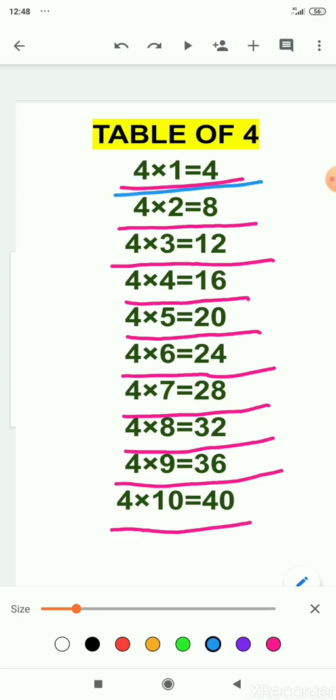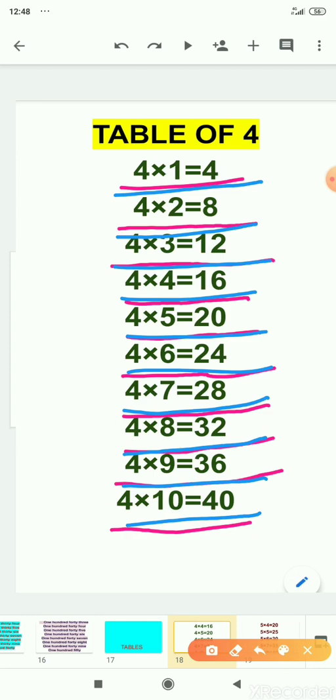Again, start. 4 ones are 4, 4 twos are 8, 4 threes are 12, 4 fours are 16, 4 fives are 20, 4 sixes are 24, 4 sevens are 28, 4 eights are 32, 4 nines are 36, 4 tens are 40.